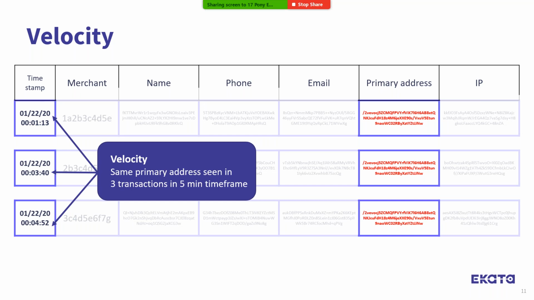So I personally shop online, say, 5 to 10 times a month. But if it registered to 50, that would start looking suspect. And as you can see, we can look at these hashes and see that we had this same primary address in 3 transactions in a 5-minute time frame. So I don't usually shop that quickly.